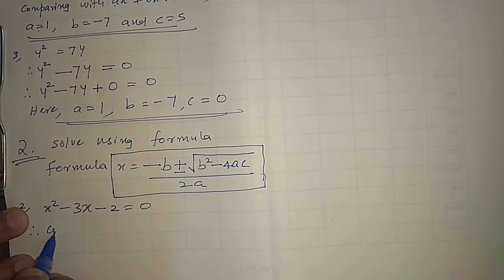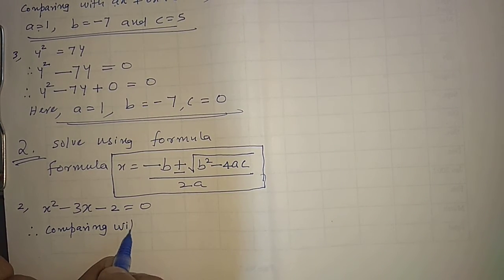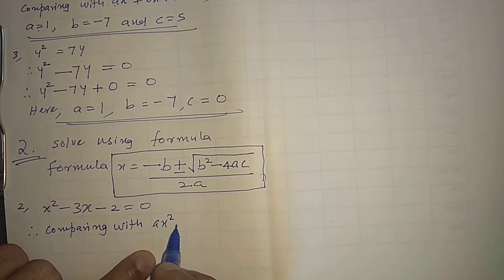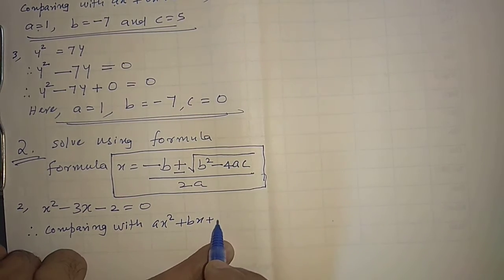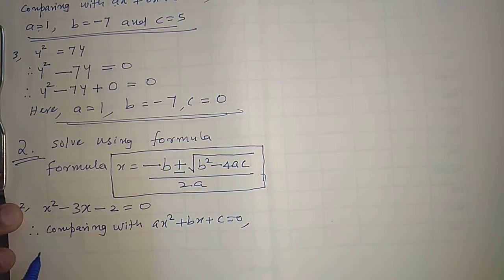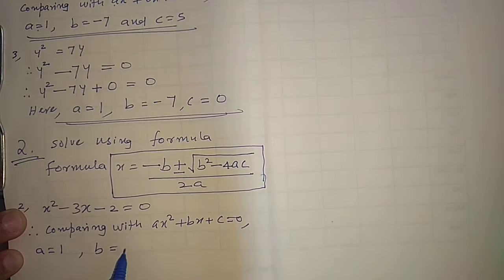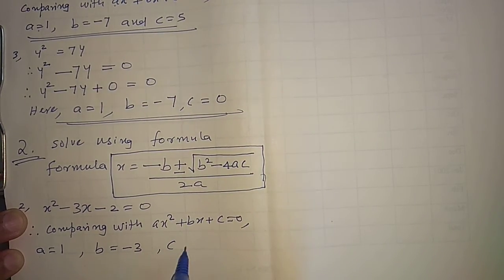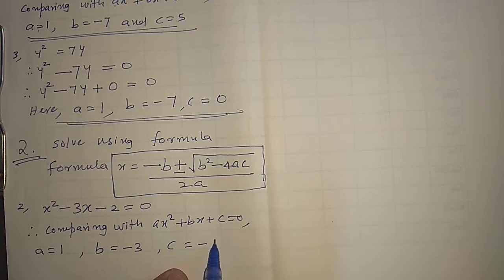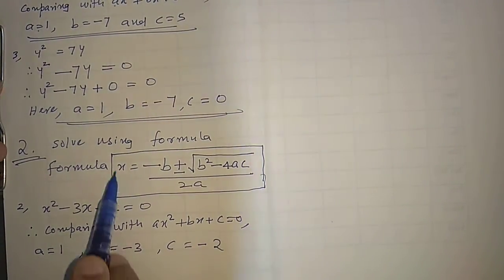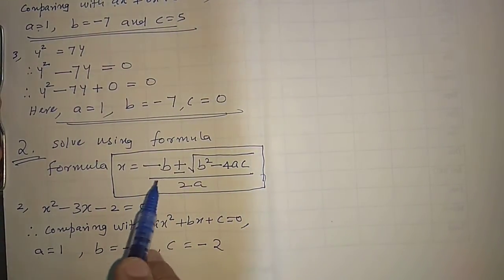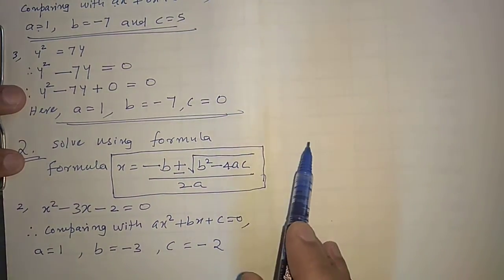Therefore, comparing with the general form ax square plus bx plus c equal to 0, we decide a, b, c like earlier. a is the x square coefficient, 1. b is the x coefficient, minus 3. c is the constant term, minus 2. By using this formula, we have to find the value of x. So we continue here.